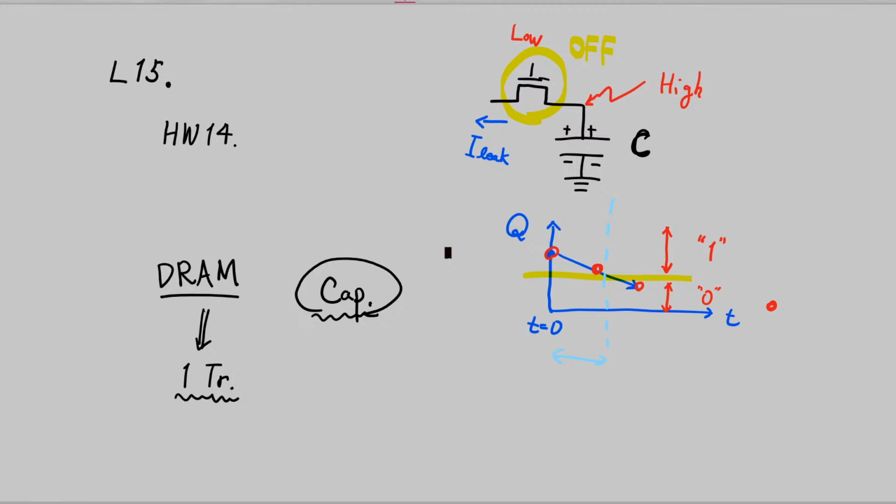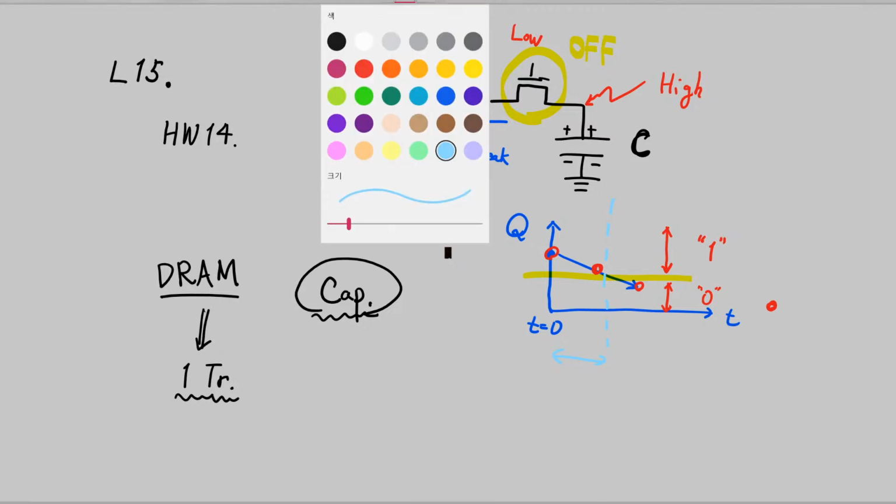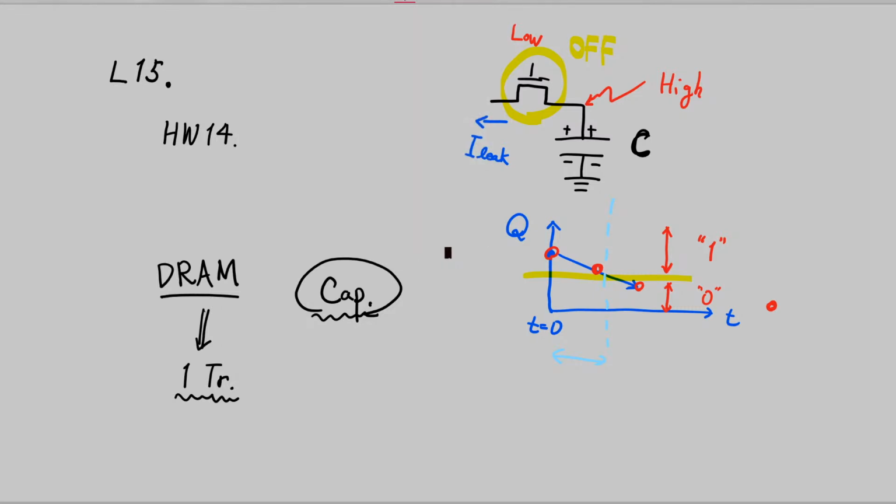So instead of just leaving it there, everybody now writes again. It means that after some time later, the DRAM cell just checks whether this is 1 or not. If this is 1, then it just writes it again.